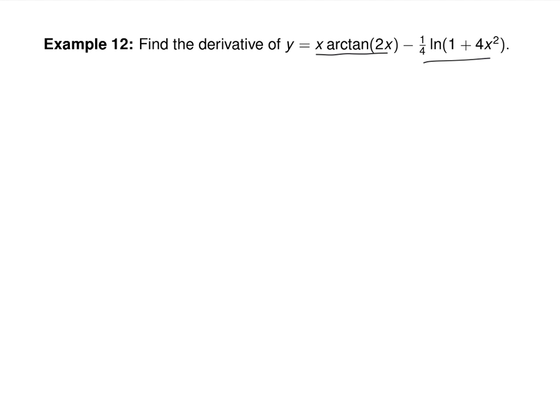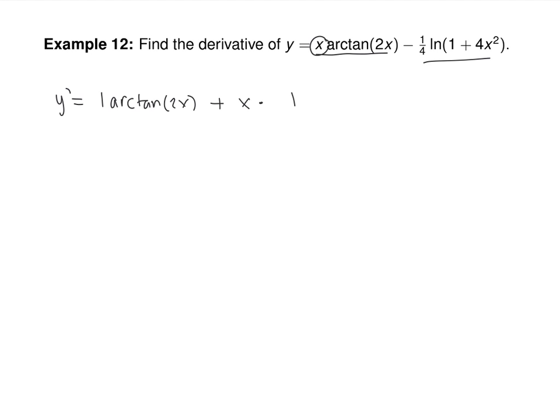It should be arctan of 2x. So I'll run through it, okay? So first you differentiate x, right? x's derivative is 1. So you've got 1 arctan of 2x, right? The next term you leave the x alone, right?